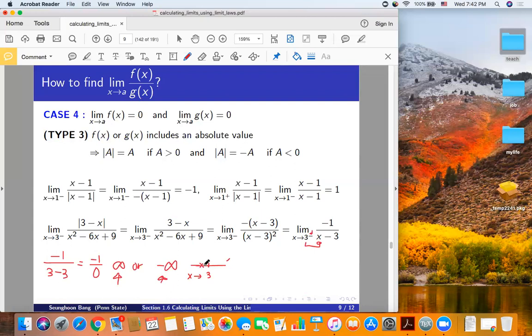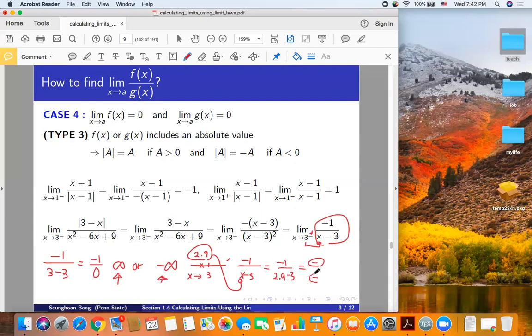You can choose the test number 2.9. You plug 2.9 into the function negative 1 over x minus 3. You plug 2.9 into x: 2.9 minus 3. What's that? The top one is negative.